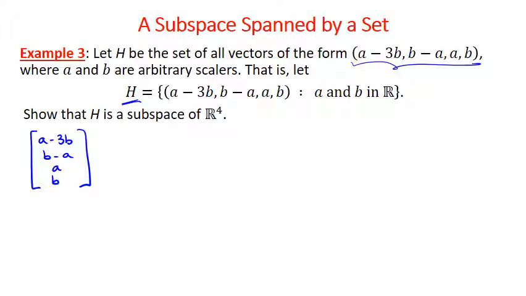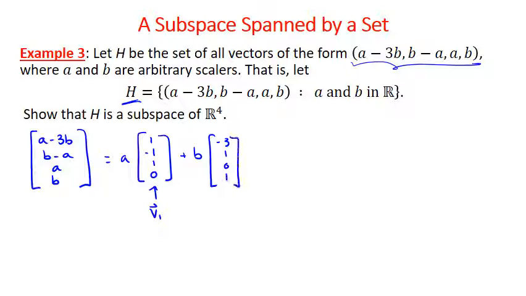Writing this as column vectors, the first thing I can do, which we've done previously, is factor out an A and then write the coefficients of A: 1, -1, 1, and 0. And this represents V1. I can do the same thing by factoring out B, writing those coefficients: -3, 1, 0, and 1. And this would be vector 2.